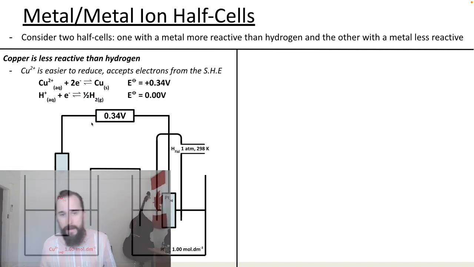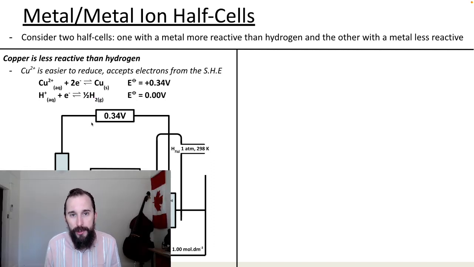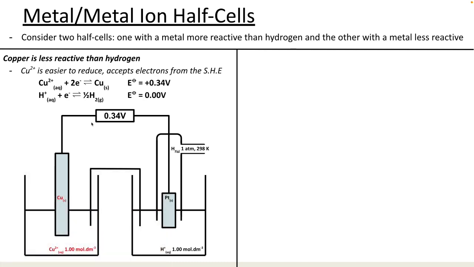Copper is very much less reactive than hydrogen. Talking in terms of that reactivity series, copper is below that. So what this is telling us is that copper is less reactive than hydrogen. Let's recall that our metals react by losing electrons. That's how metals react.